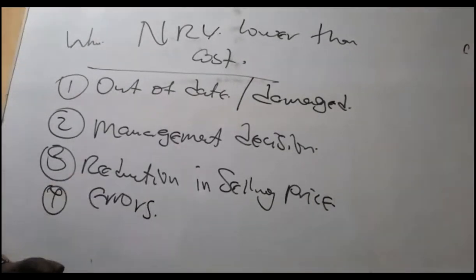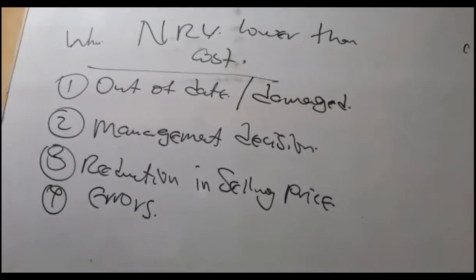Or an increase in cost. The cost of production has increased. Or an increase or decrease in selling price. So that is it. On that note, we have successfully finished IAS 2.